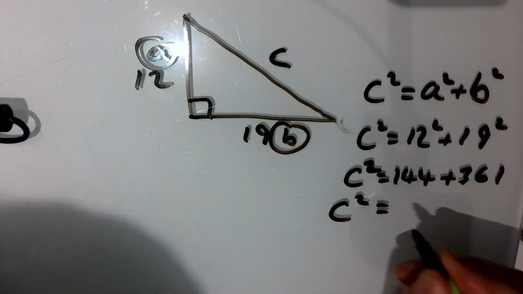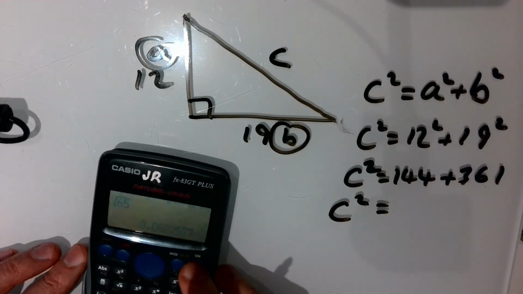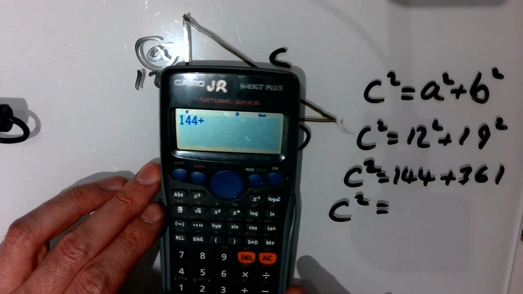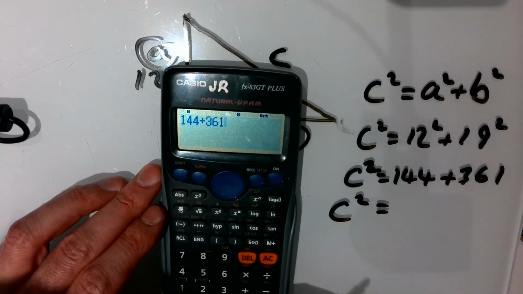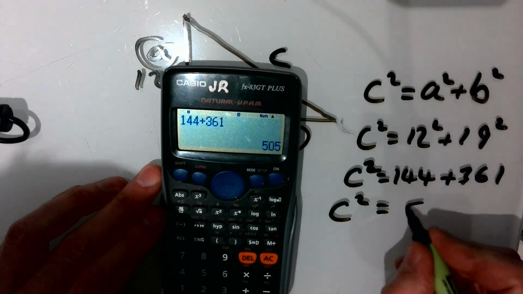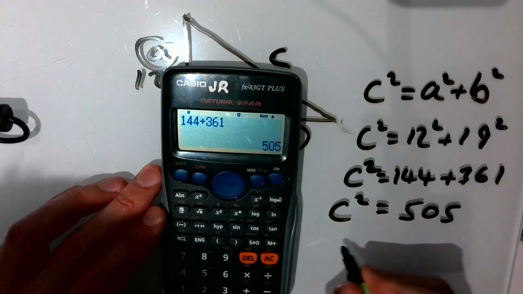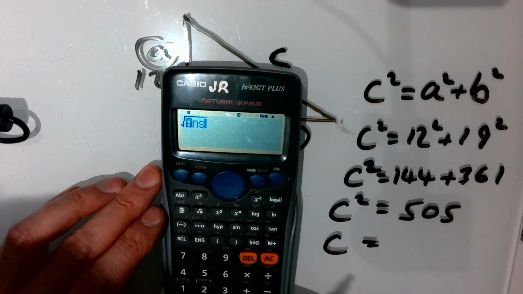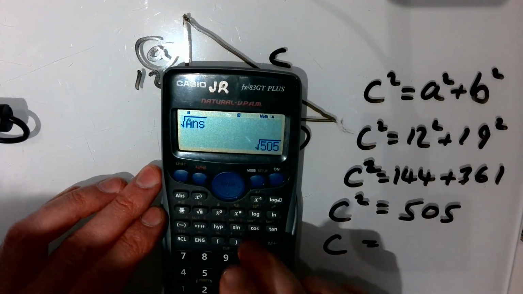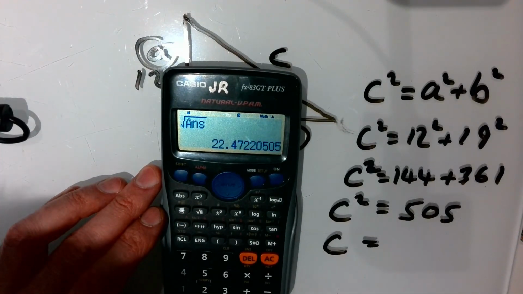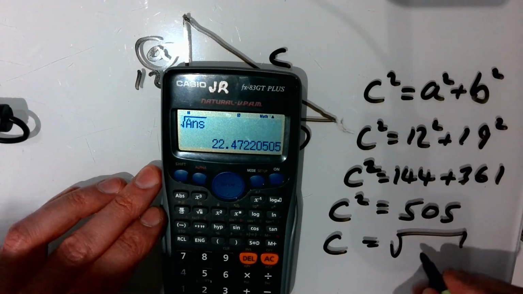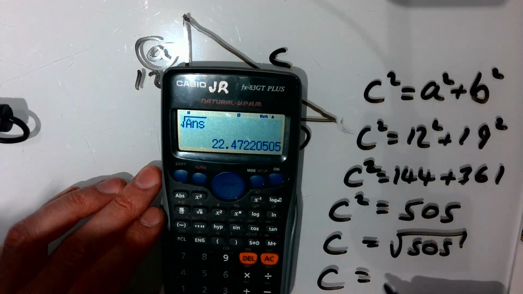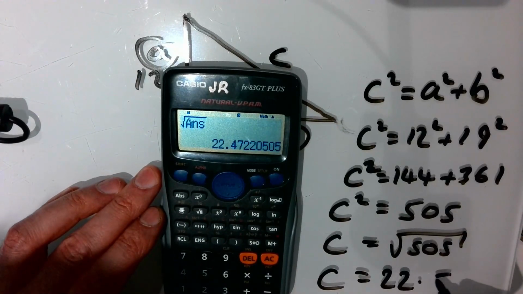C squared equals, let's put that into our calculator, 144 plus 361 equals 505. And to find C, we're going to find the square root of the answer, which is the square root of 505, and C in this case is going to be 22.5.